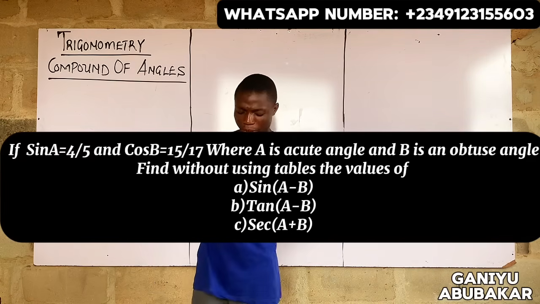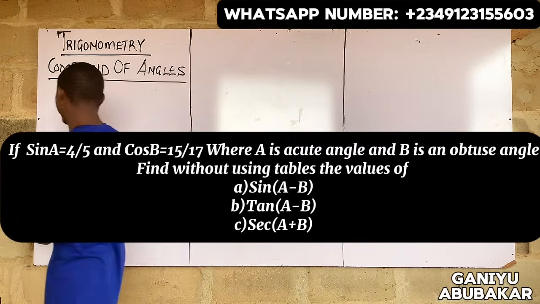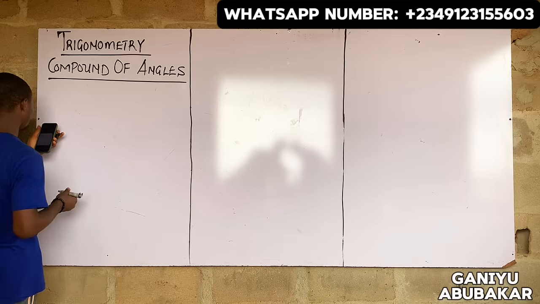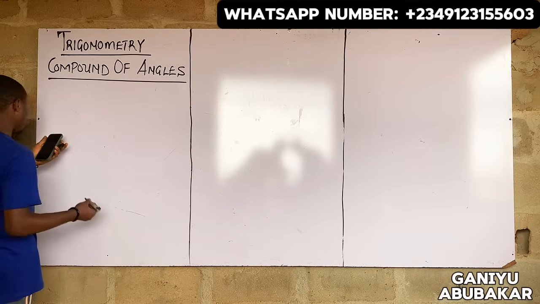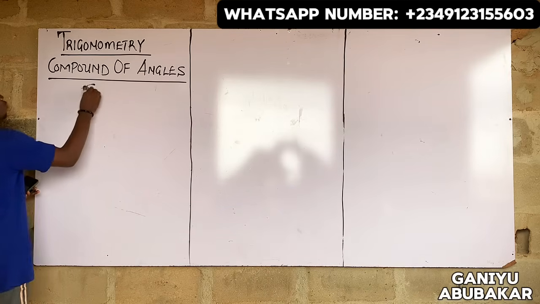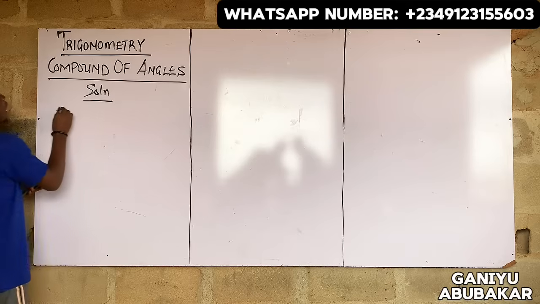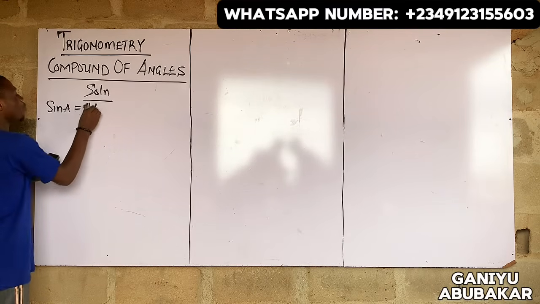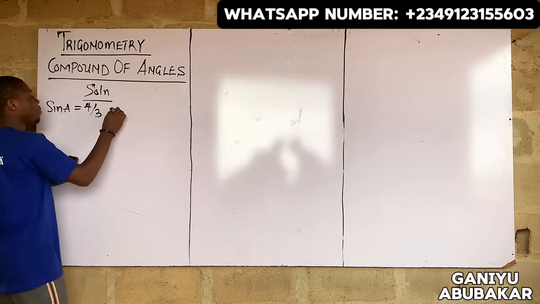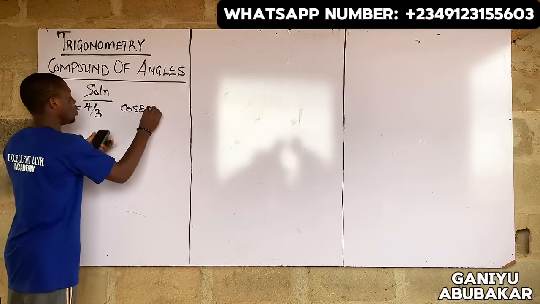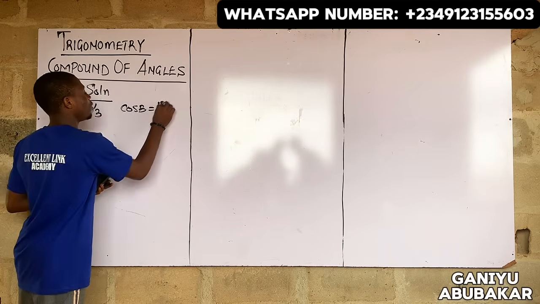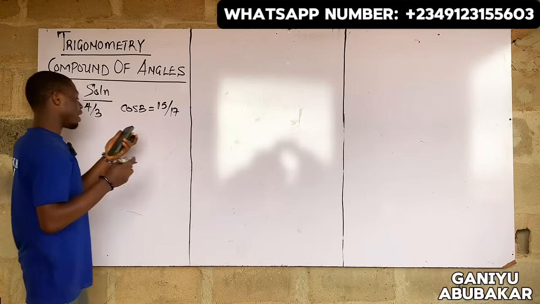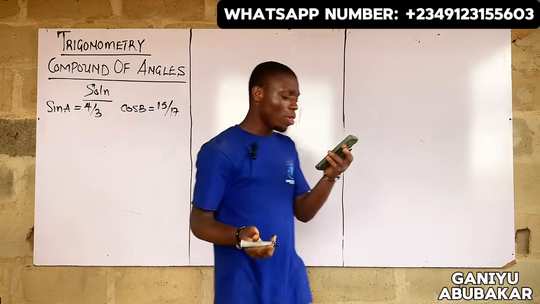First things first, my first task here is to list out what I'm actually given. From the question, I'm given sine A equal to 4 over 3. I'm also given cos B equal to 15 over 17, where A is an acute angle and B is an obtuse angle.